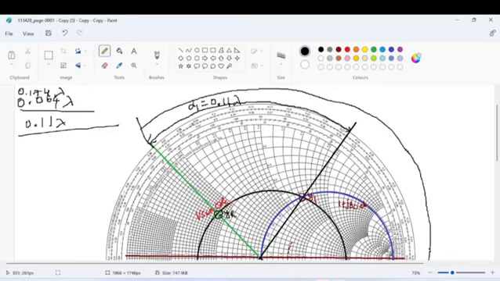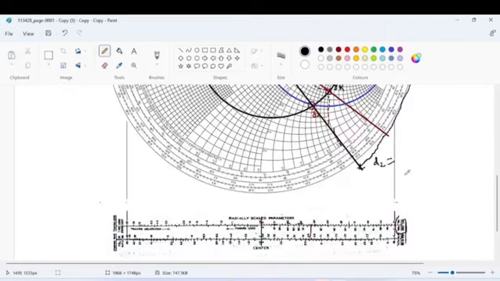Remember, whatever I am marking is not the final answer. I am just explaining the procedure, because you are getting confused in proceeding. For d2, the yr location is 0.064 lambda, and the d2 location is 0.324 lambda.